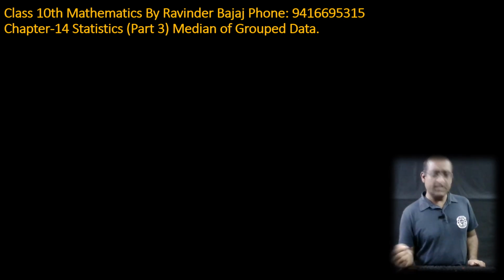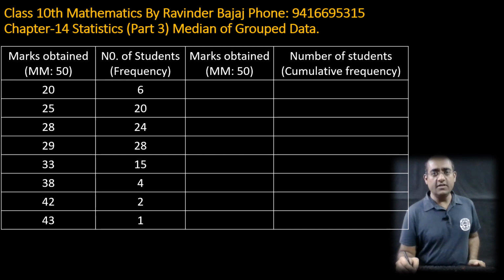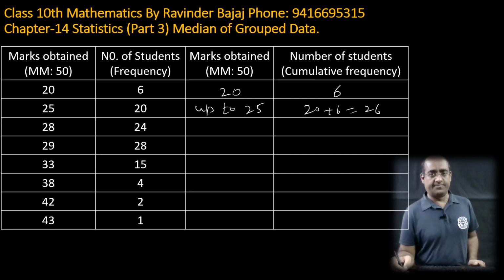Now, after this, what will we do? We have to find these two values also. Marks 20 were obtained by how many students? By 6 students. Now, marks obtained up to 25, meaning 20 and 25 both, will be 20 plus 6, which is 26.